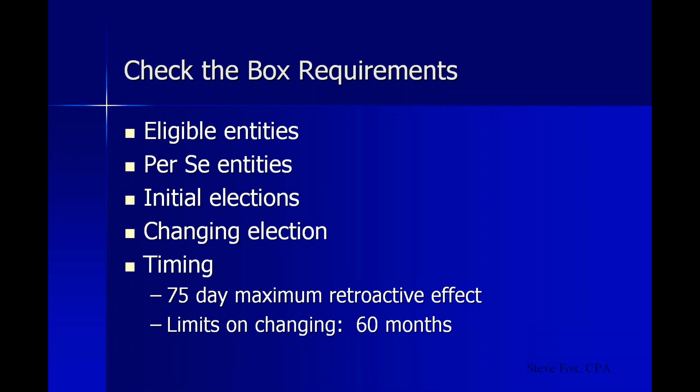So if I've got a CFC that's eligible to check the box, and it's treated as a corporation right now, I can say, on October 18th, I want it to change from being a corporation to being disregarded. Okay, so that works, as long as I file that Form 8833 within 75 days of that date I want it to change.